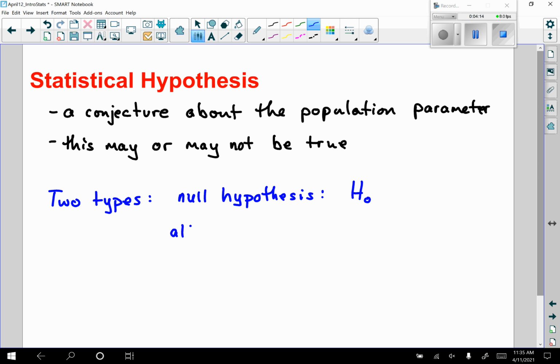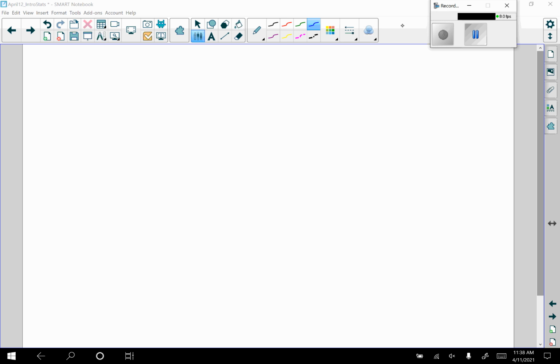And we have an alternative hypothesis, which is H sub 1. All right, so let's take a look at what a null hypothesis actually is.